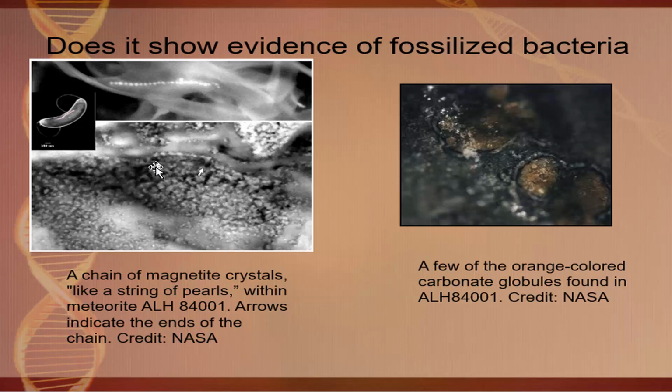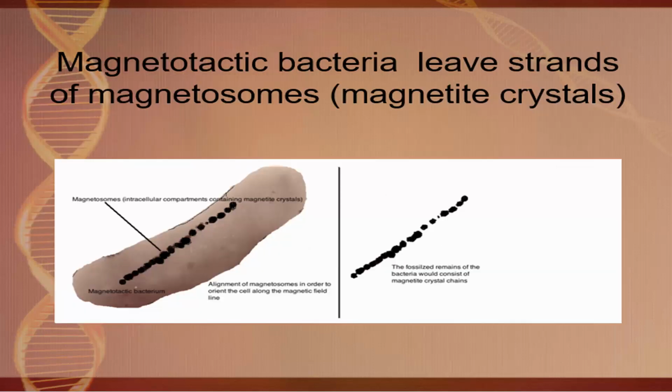There's these little magnetite crystals, and they form in certain types of bacteria, and they look almost like a string of pearls. Now, here is how they would form. These magnetotactic bacteria leave strands of these little magnetosomes, which are made from magnetite crystals. It is certainly not conclusive evidence, but it is evidence to support the hypothesis.